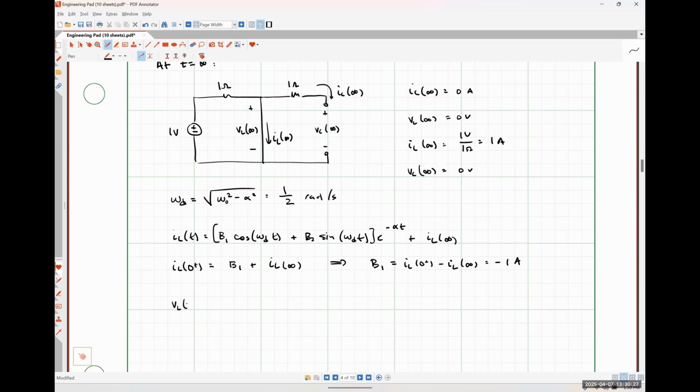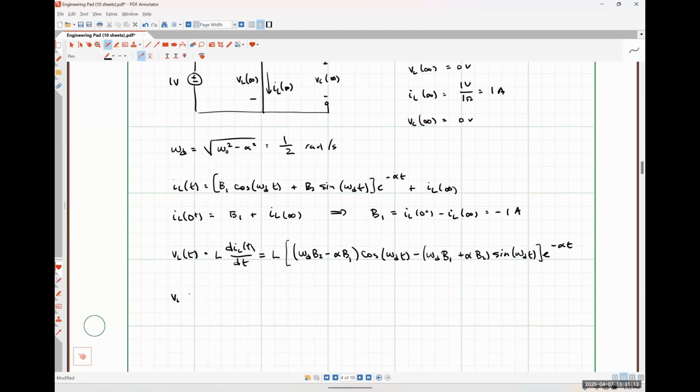VL of t is going to be L di by dt, which is going to look like L times, I'm going to borrow your table again, omega d B2 minus alpha B1 cosine omega d t minus omega d B1 plus alpha B2 sine omega d t, e to the minus alpha t.